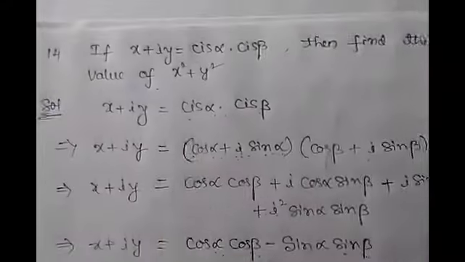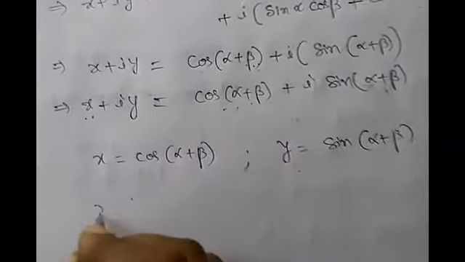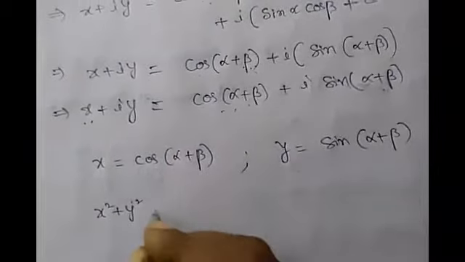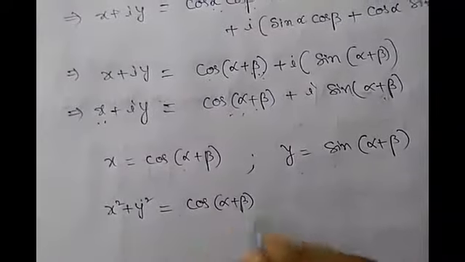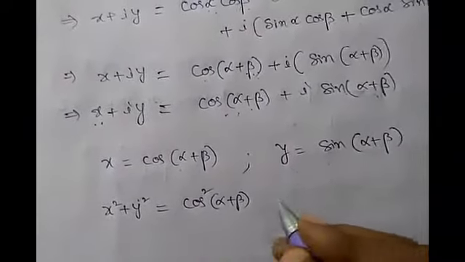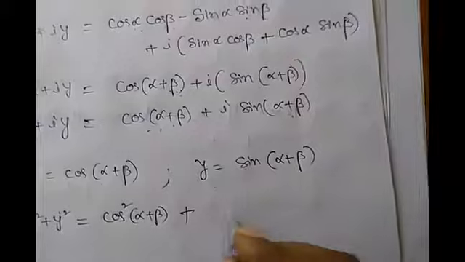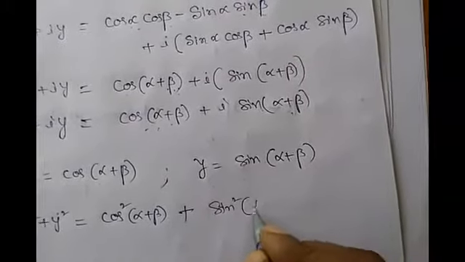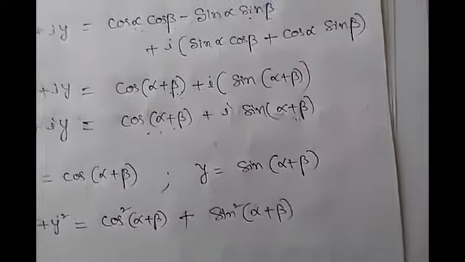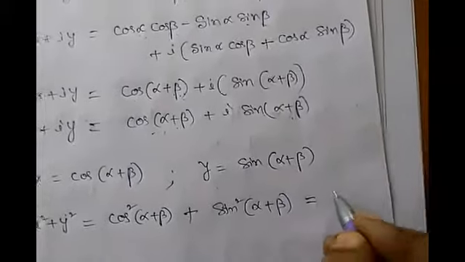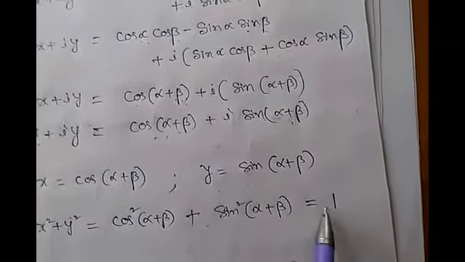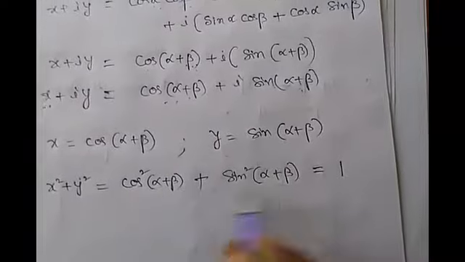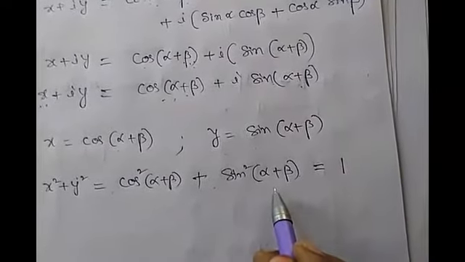Now what you have to find? x square plus y square. So x square plus y square gives what? Cos alpha plus beta whole square, that means cos square alpha plus beta plus sin square alpha plus beta, which gives what? 1, because this is the trigonometric identity.